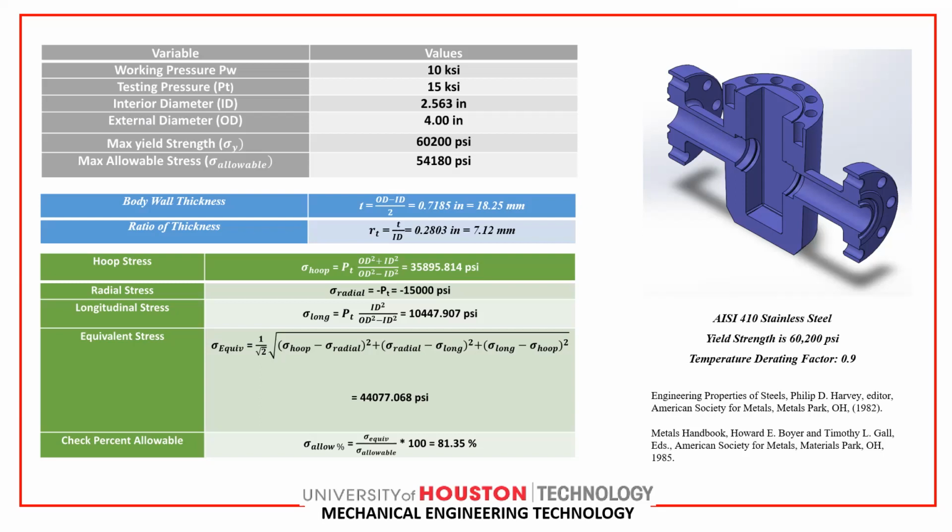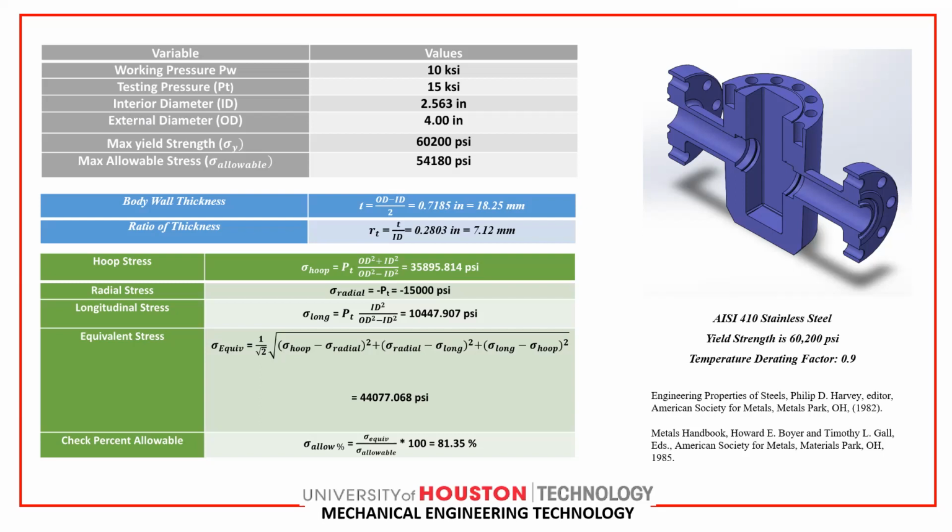To calculate the equivalent stress, we need to calculate the hoop stress, radial stress, and longitudinal stress. Before that, the thickness and the external diameter are very important for the design.